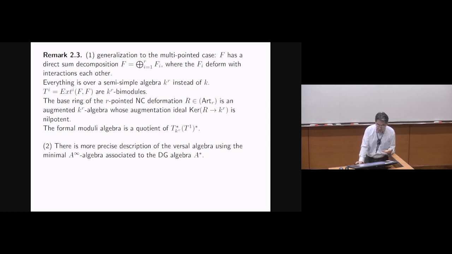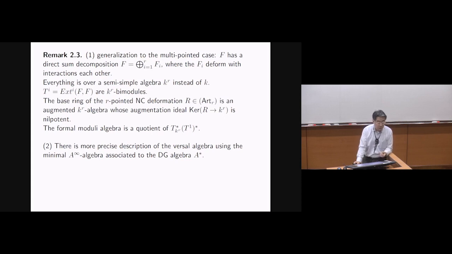But a commutative semi-local ring is a direct product of local rings, whereas a non-commutative semi-local ring is not necessarily a direct product of local rings. And that is why the multi-pointed deformation is not the same as the direct product of each individual component.